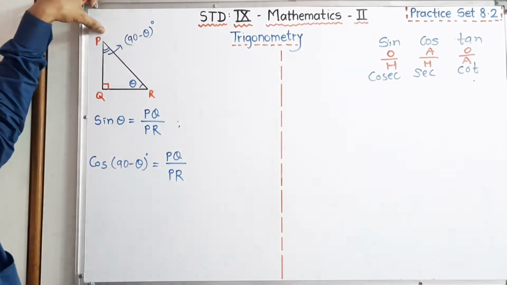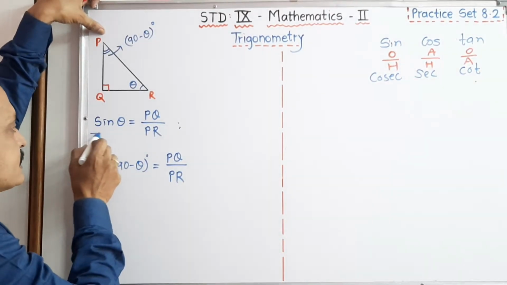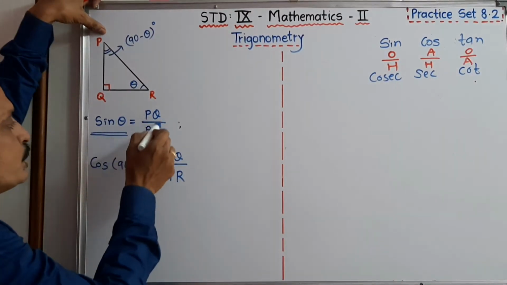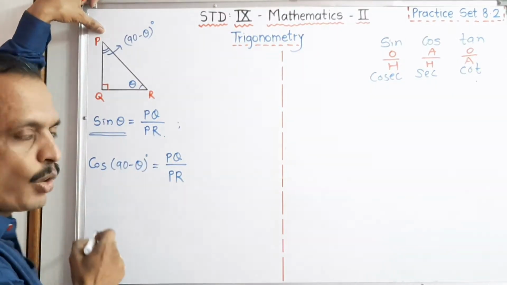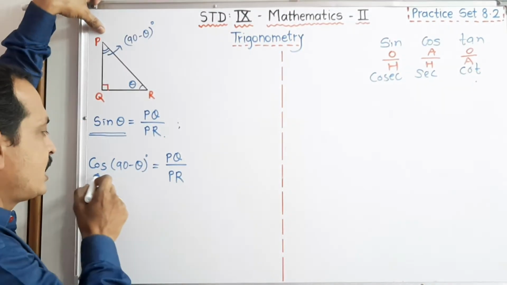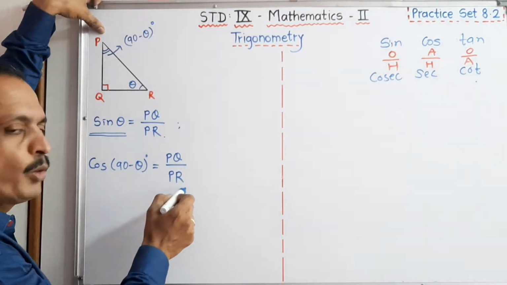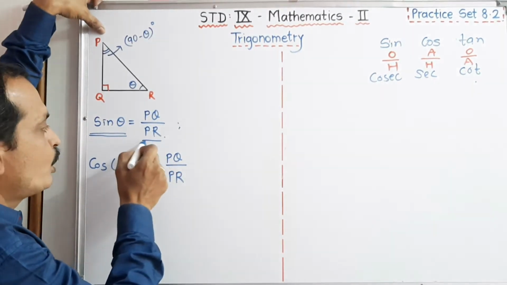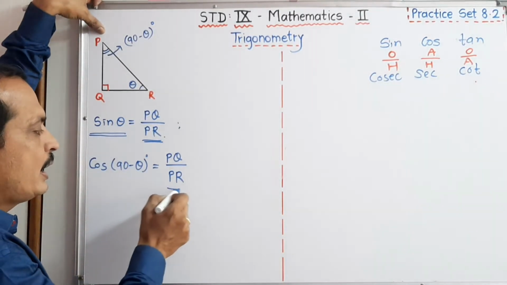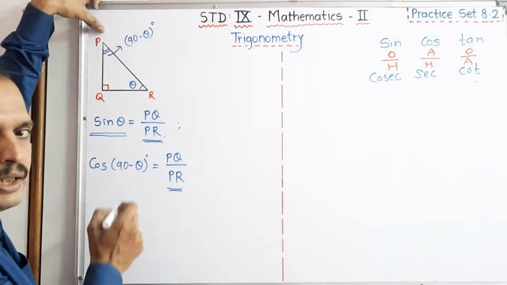Now dear student, observe here carefully. Sin theta is PQ upon PR and cos 90 minus theta is PQ upon PR. Here PQ upon PR means sin theta and PQ upon PR is cos 90 minus theta.